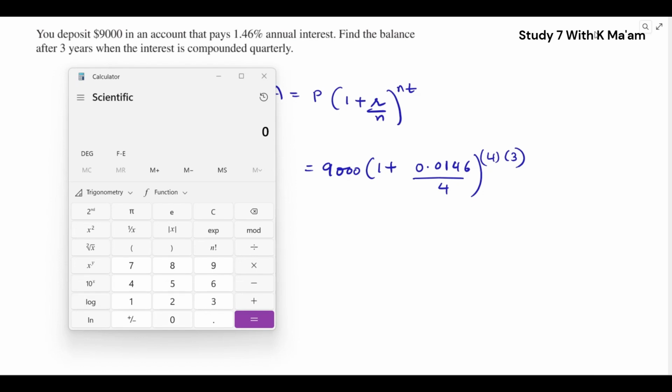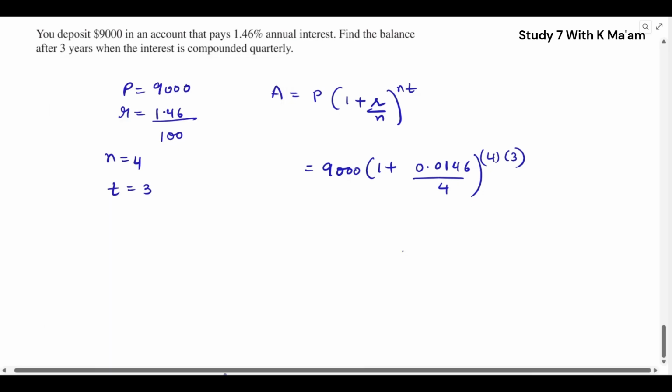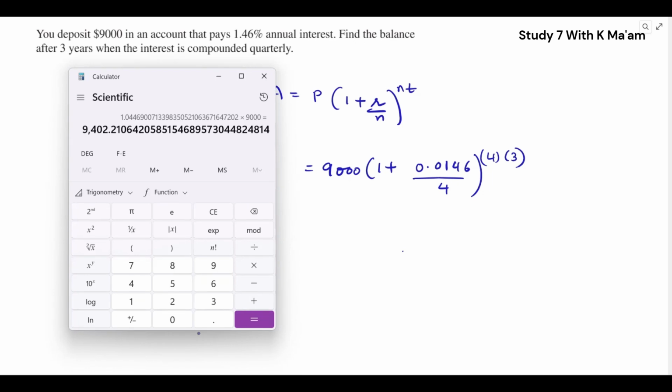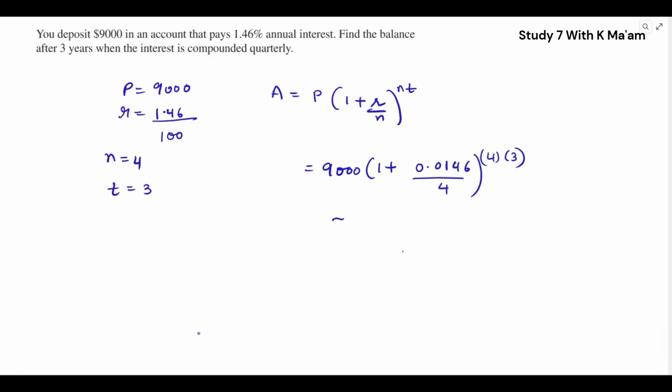We can calculate this: 0.0146 over 4 plus 1, and that's whole power 12, multiplied by 9,000. Okay, it's approximately 9,402 dollars. This is the amount after 3 years.